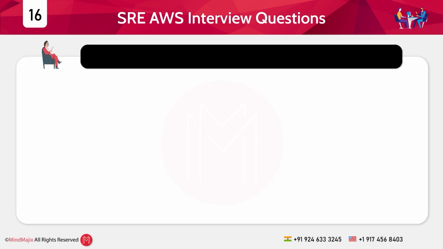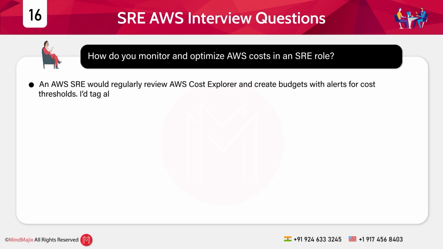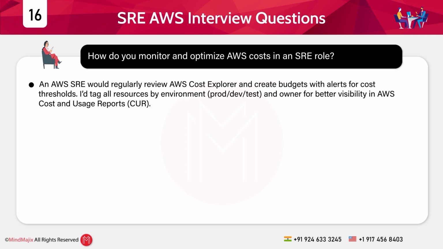The next question is, how do you monitor and optimize AWS costs in an SRE role? An AWS SRE would regularly review AWS Cost Explorer and create budgets with alerts for cost thresholds. For this, you would tag all the resources by environment like production, development, and testing, and owner for better visibility in AWS cost and usage reports. Implementing auto-scaling policies helps you ensure that unused resources are automatically decommissioned.